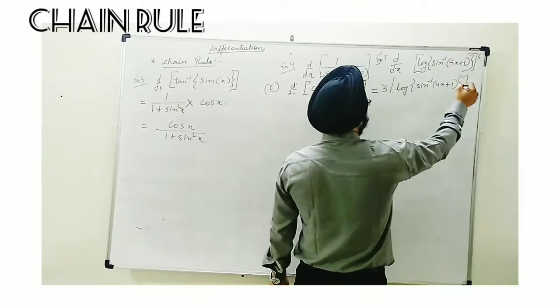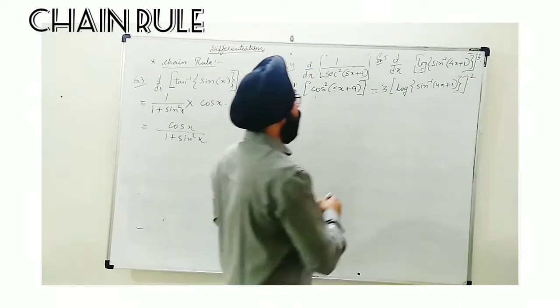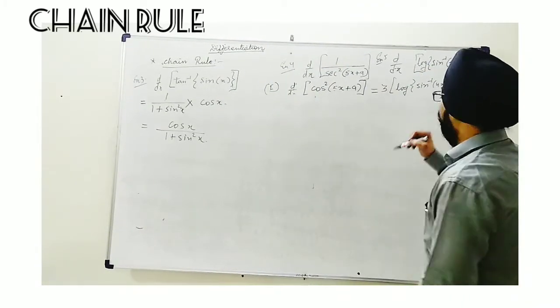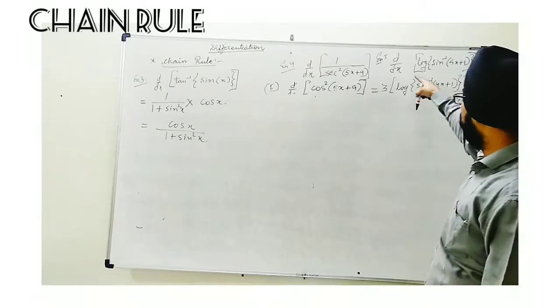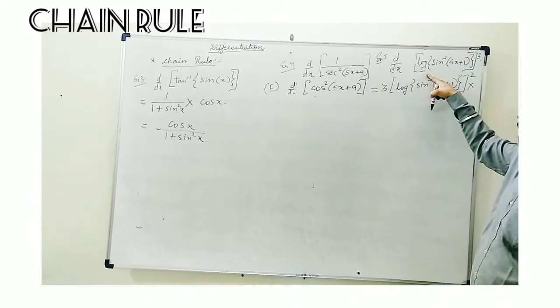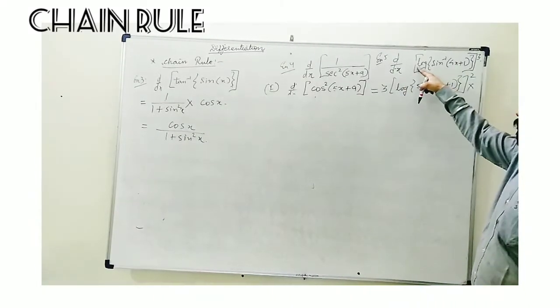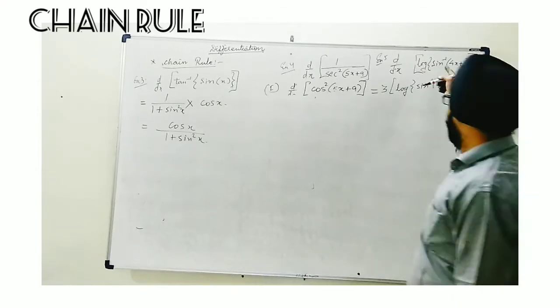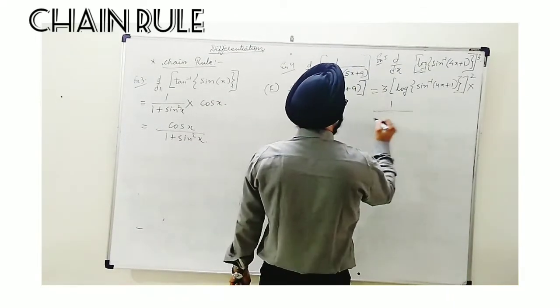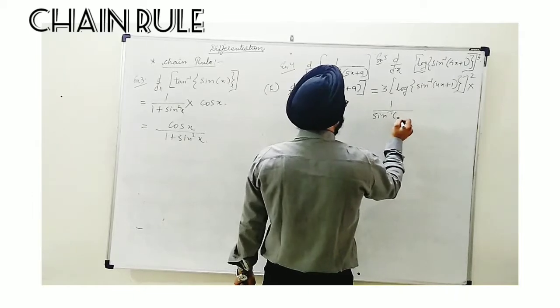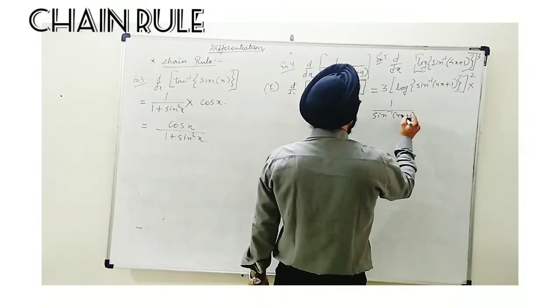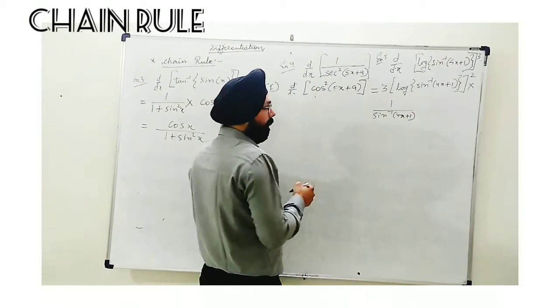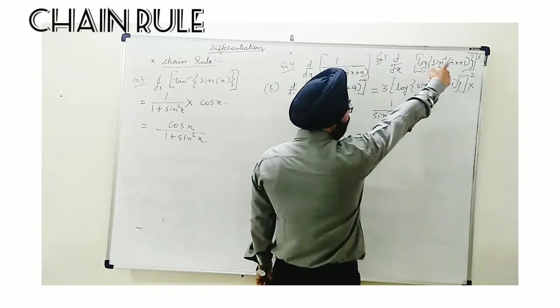So 3 and this function raised to the power 3 minus 1, it becomes 2. Multiply. Now we will do the functions step by step. d by dx of log to the base e is given. Base e. So log of x is 1 upon x. So here we will write 1 upon sine inverse 4x plus 1. In place of x we are given this function. Now the next term is sine inverse.